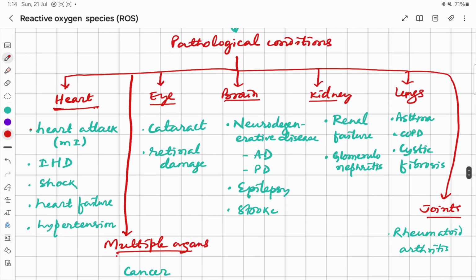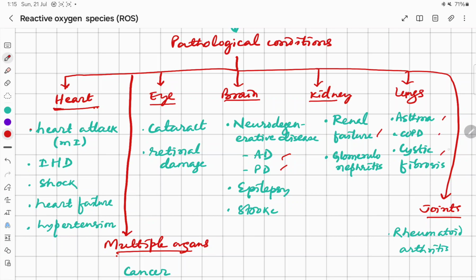So in the heart, we can have heart attack, ischemic heart disease, shock, heart failure, hypertension, all due to oxidative stress. In the eye, cataract and retinal damage because of oxidative stress. In the brain, we can have pathological conditions due to oxidative stress like neurodegenerative diseases, Alzheimer's disease, Parkinson's disease, epilepsy, stroke, etc. In the kidney, we can have glomerulonephritis, renal failure due to oxidative stress.